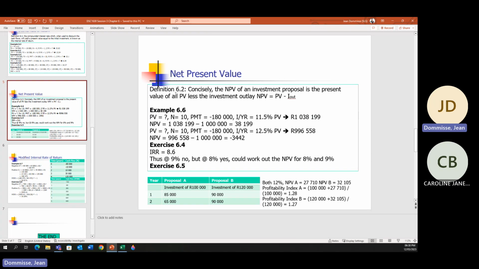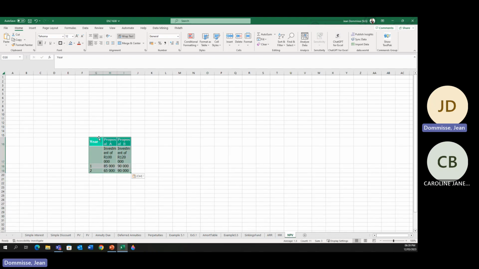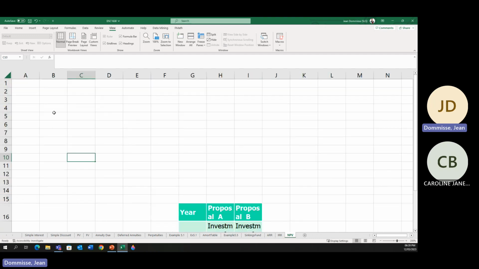So again, what will probably happen in Excel is that it will be about a set of numbers. Like in the internal rate of return, I assume the same will nearly happen in Excel for the net present value.